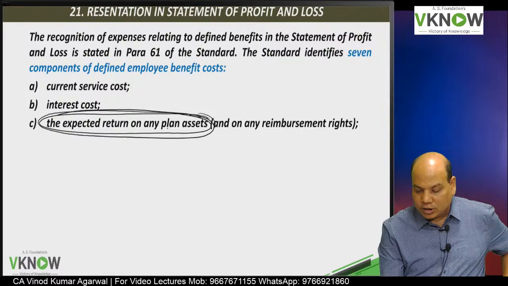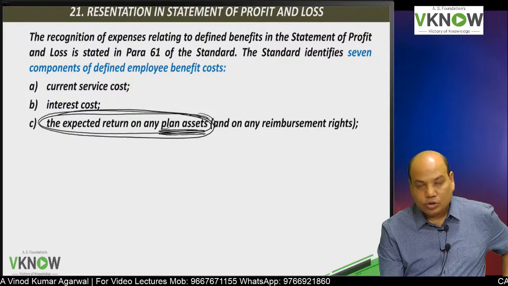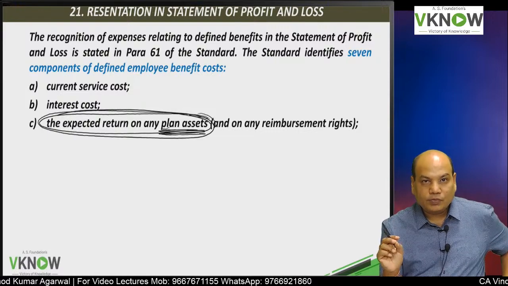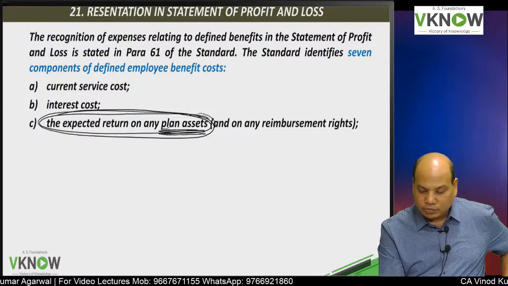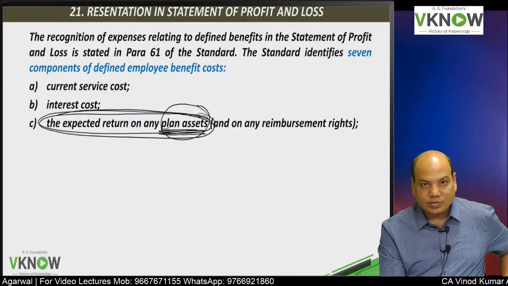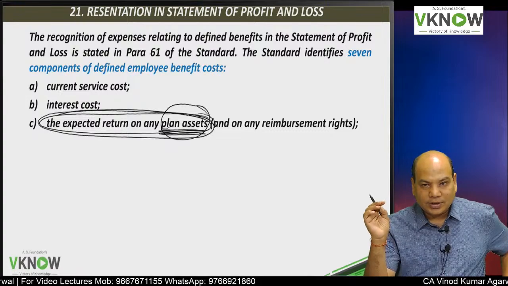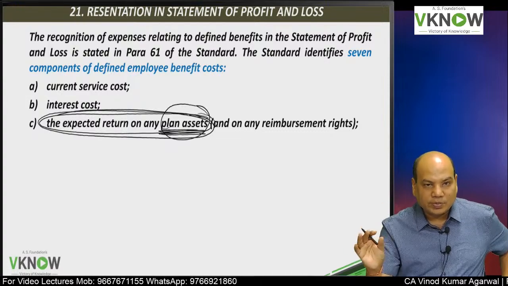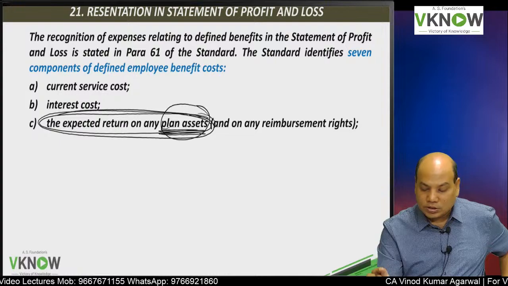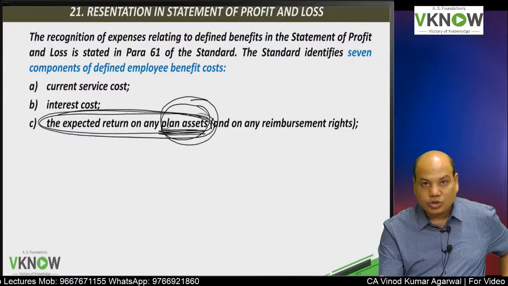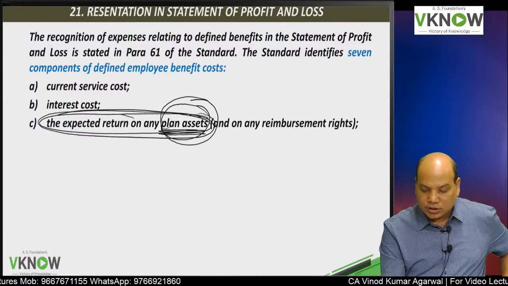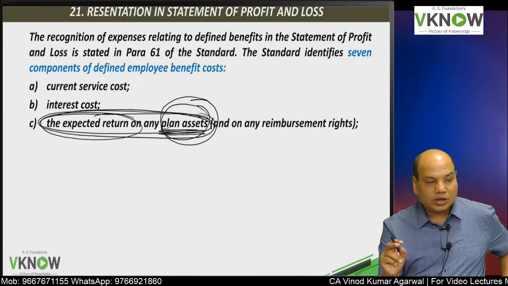If the company has used funding for settlement of liability, that means you have created investment in the form of either an insurance policy or investment in a trust or your own trust. It is expected to generate some return. Consider that also in the P&L account.